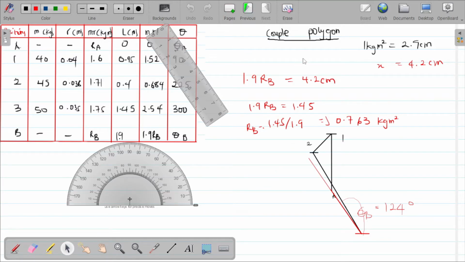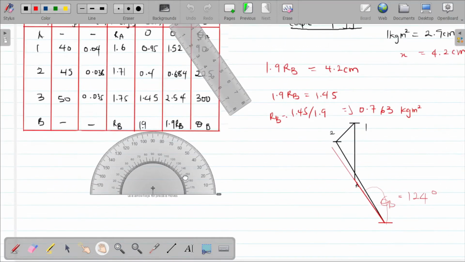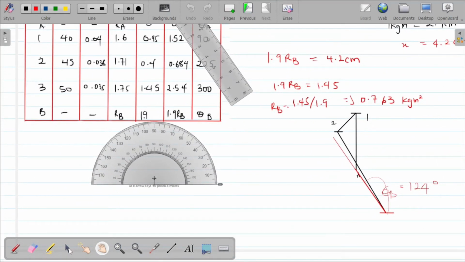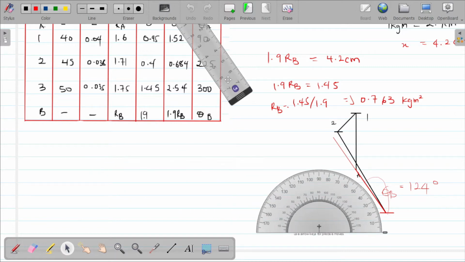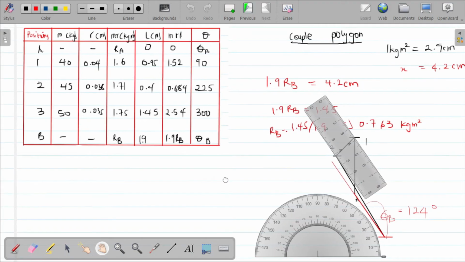So we are done with the couple polygon, and now you know RB and theta B. So the next is to find RA and theta A. Same method. Let me just push it up a bit. I'm bringing it here. So same method, our scale.